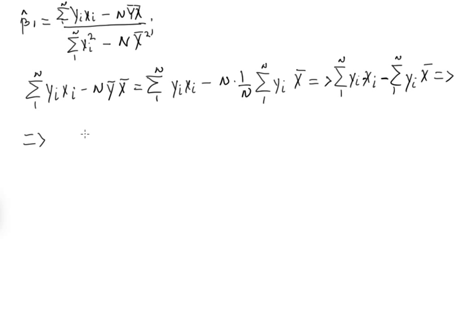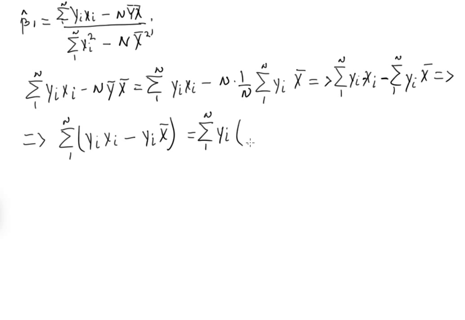Now using the distributive rule of summation, I can rewrite that expression as the sum of yi xi minus the sum of yi x bar. These two expressions are equivalent, and I can see that yi is common in both, so I can factor it out.